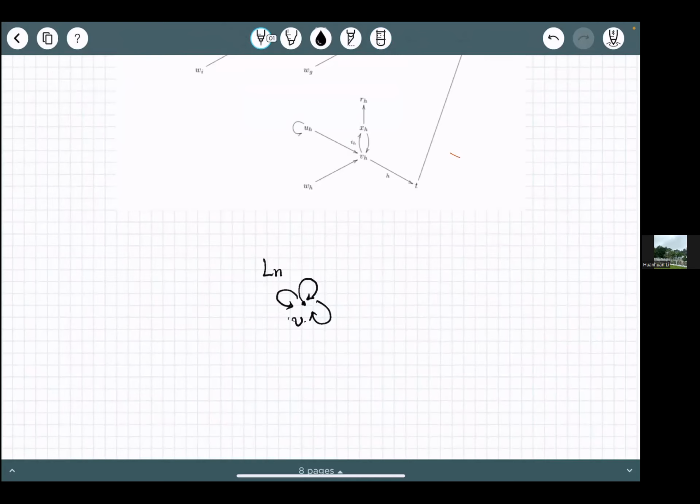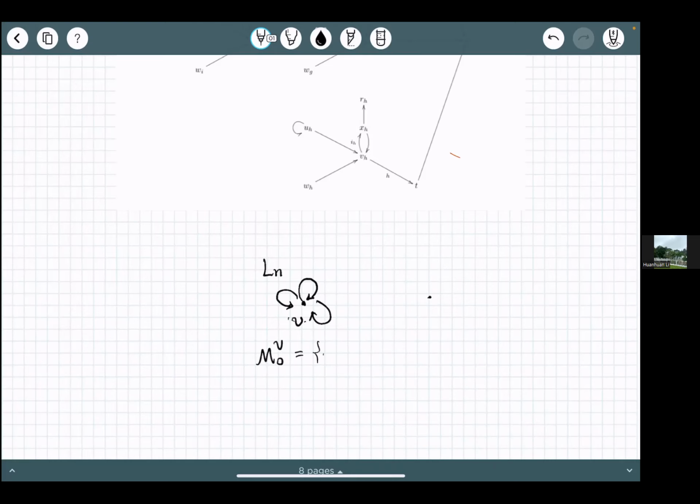Ln. And then if you take the bifurcation splitting at the only vertex this has, what do you get? Let's calculate.